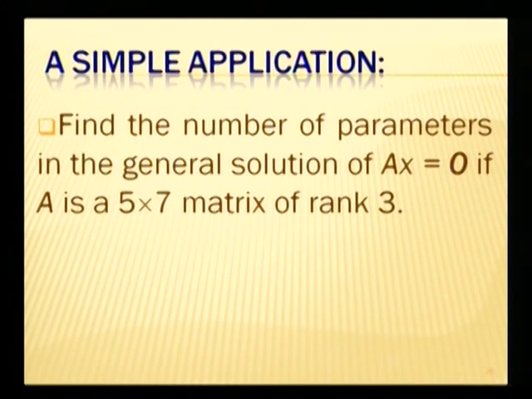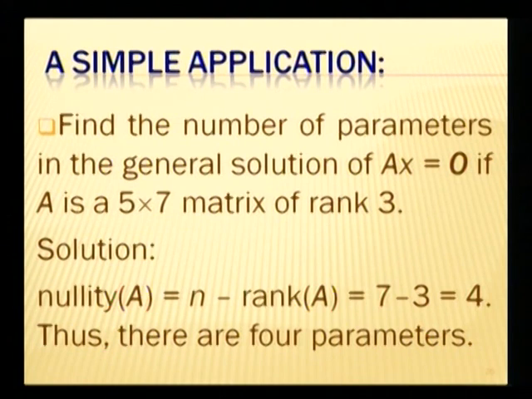So using the rank nullity theorem, we can say that the nullity of A is the number of columns minus the rank of A, which is 7 minus 3, giving 4. Since the nullity is 4, we can say from the above observation that there are 4 parameters in the general solution of the system Ax equals 0.